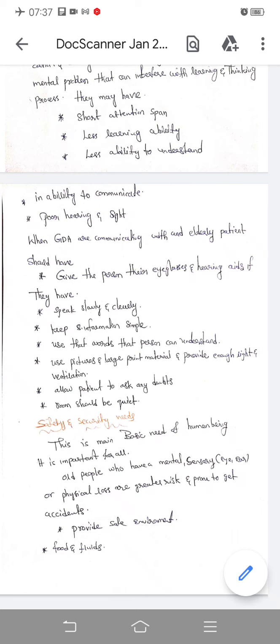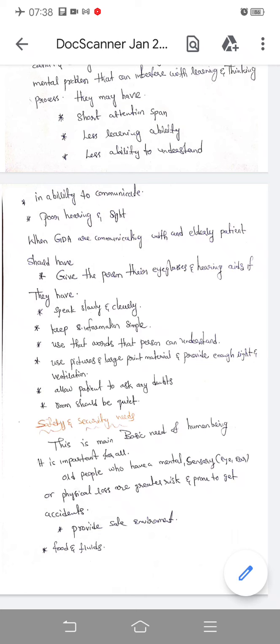Old age people almost all have physical, mental and sensory problems, eye and ear problems, which we have already learned. Less eye vision, hearing problems. So for them we have to give assistance at all times. If they want to go outside, we have to help them while going outside.